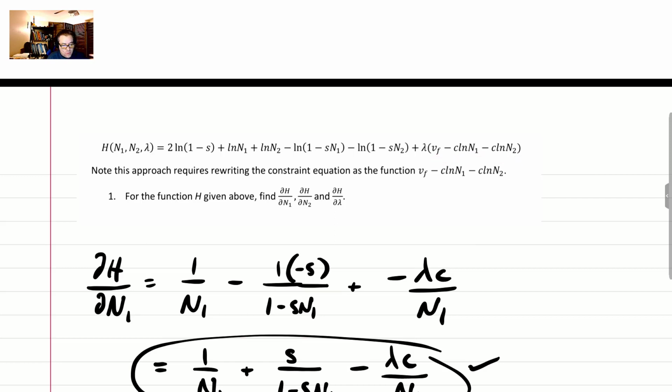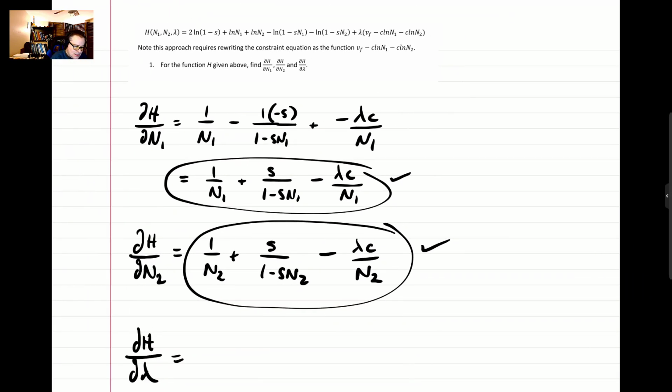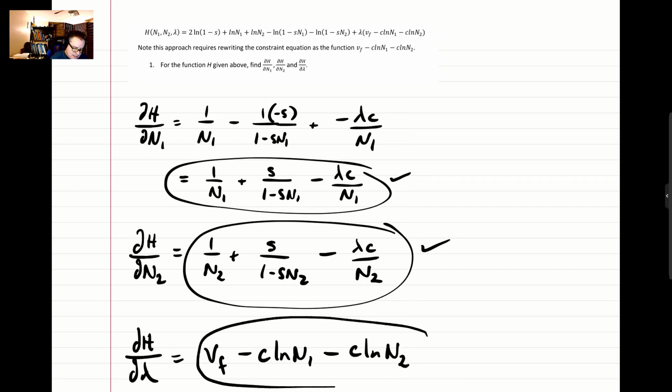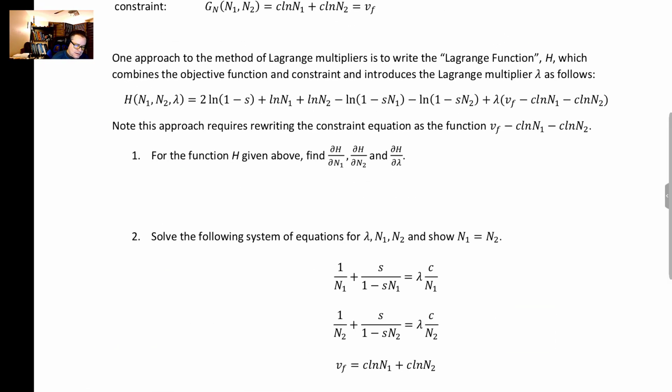The only variable when you take a derivative with respect to lambda is lambda, so this is all just a constant in that derivative. So that produces velocity final minus c ln n1 minus c ln n2, and that's the result for the derivative with respect to lambda.